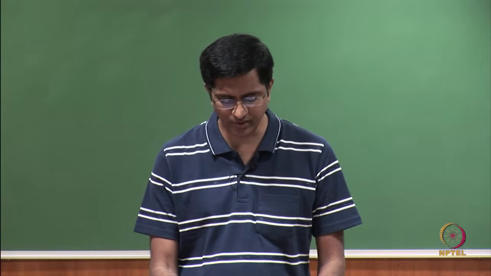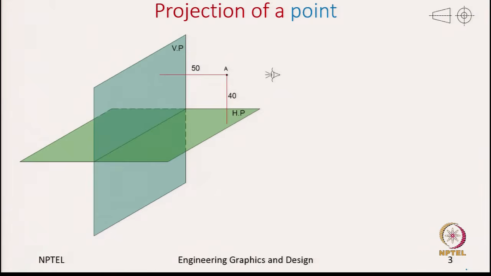So, to capture the front view, we place the observer in front of the vertical plane, and then we capture the front view. The front view, as we just have seen in the previous slide, is notated with A prime. The prime represents that we are capturing the front view. So, here is A prime.